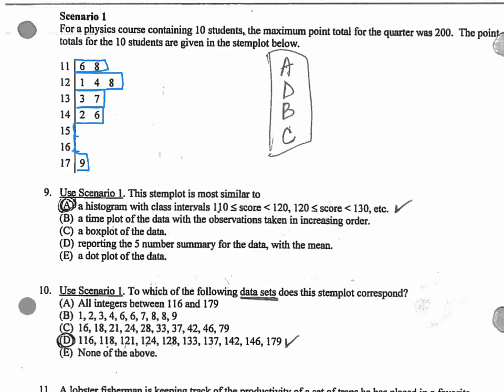A stem and leaf plot is like a histogram, not a dot plot. Did anybody think dot plot? With a dot plot, you have individual data pieces like this. Okay, remember that I had come back and I had fixed that and corrected that.